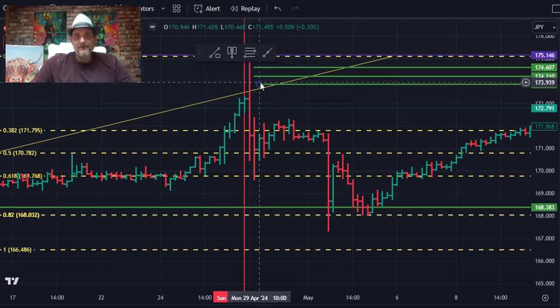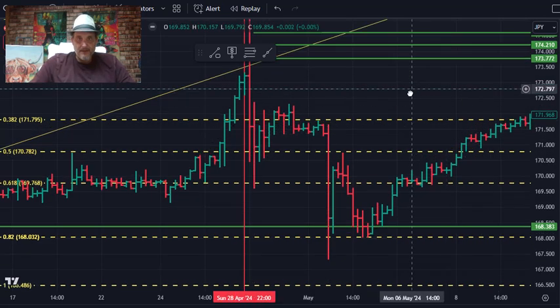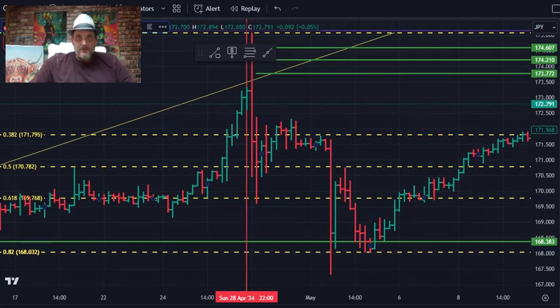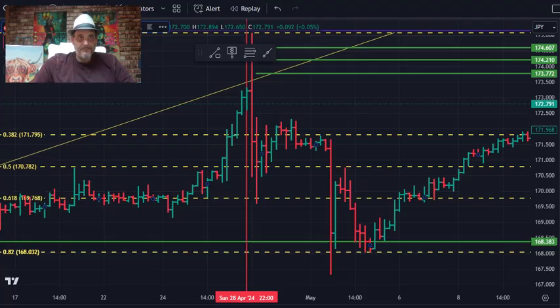Fine, 173.85. I would like it a little bit lower than higher, because that's actually showing it's breaking. 173.77. All right. So now, if we go back to the trend degree, what is the 8-degree catapult? 173.82.